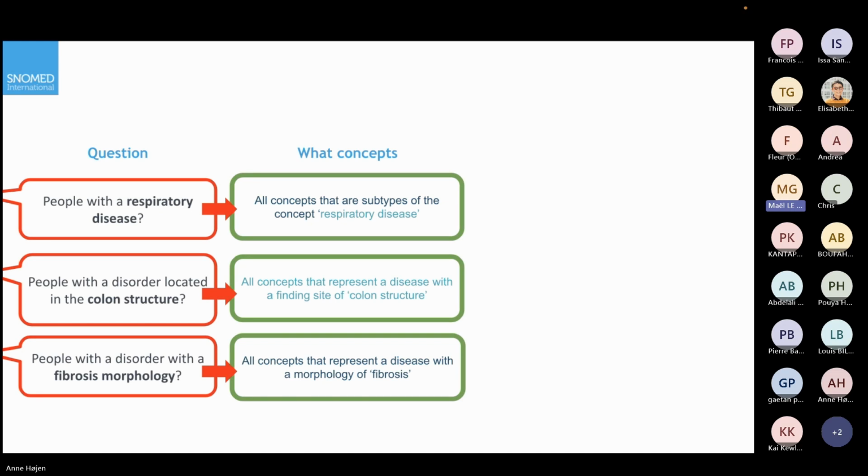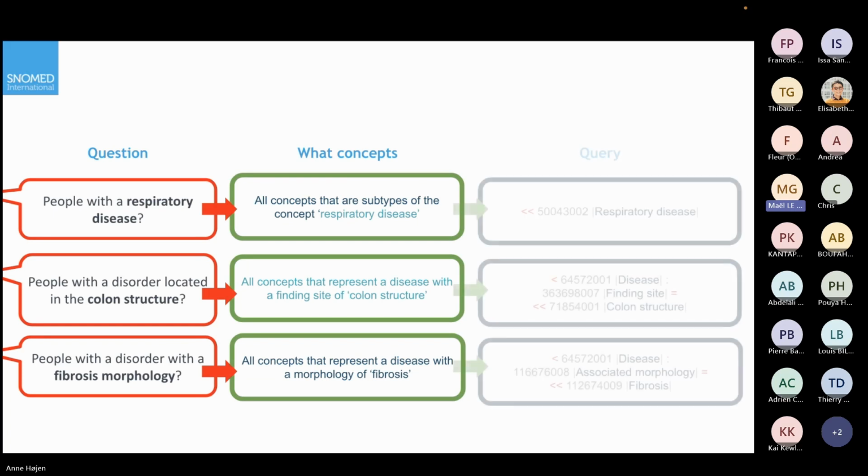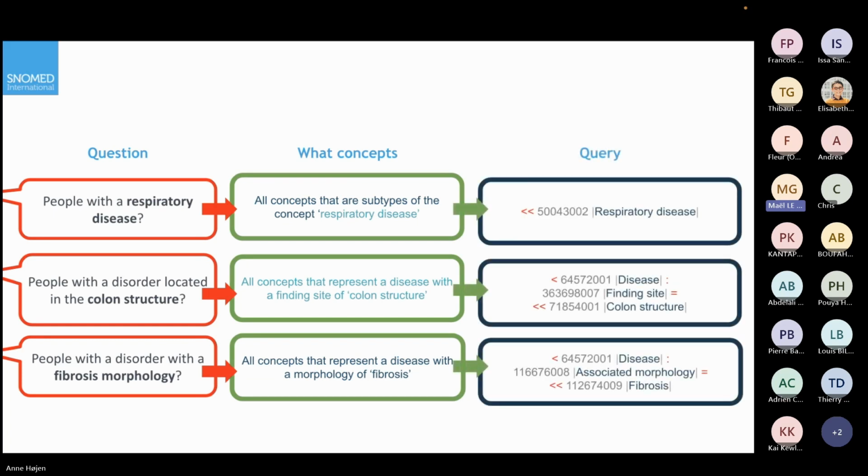If you want to find people with a disease located in the colon structure, then we need to find all diseases that have a finding site of colon structure. So in order to go from a question to analytics with SNOMED, you need to think through what concepts you need in SNOMED, and from there you are able to define the query you need to specify. And you can do that using the expression constraint language.